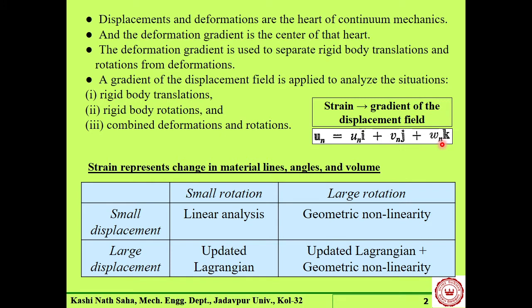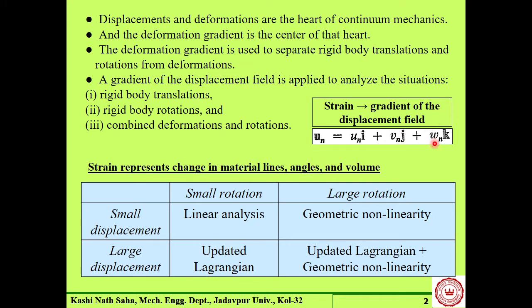That part is clear, but note this value of U, the vector quantity, its value is different at different points of the body. So that gives us the displacement field. This displacement field contains some field along X direction, a field along Y direction, another field along Z direction.